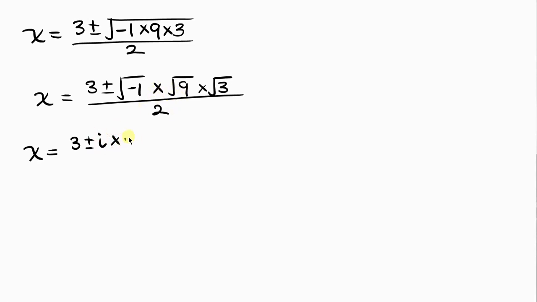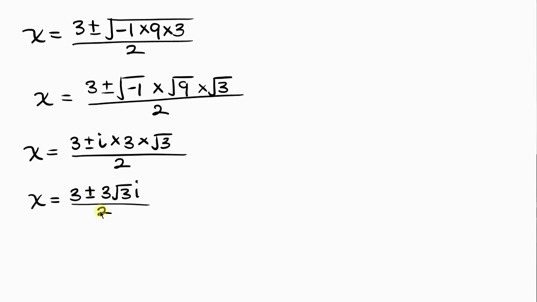Square root of 9 is 3 times root 3. So I'm going to be leaving this inside of the radical, all over 2. So let's multiply this. X now becomes 3 plus or minus, now i times 3 times the square root of 3 is 3 root 3 times i, all over 2. So we have two solutions for x here. We have x equal to 3 plus, taking the positive first, 3 plus 3 root 3i all over 2.